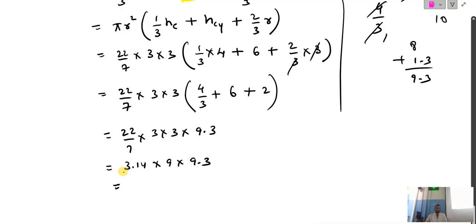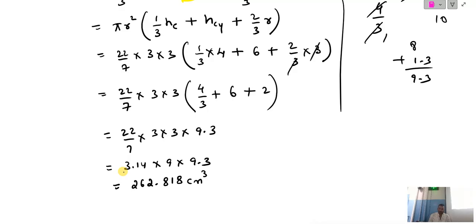Check. 3.14 into 9 into 9.3. Yes, very good. 262.818.